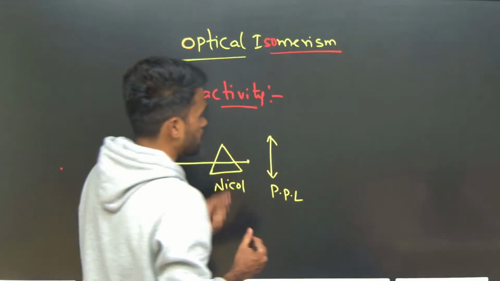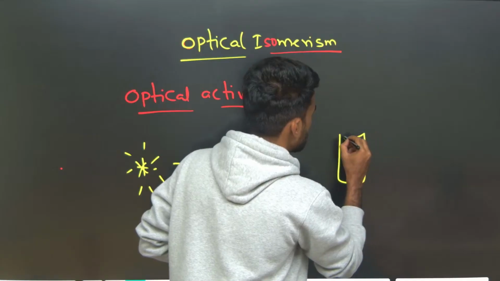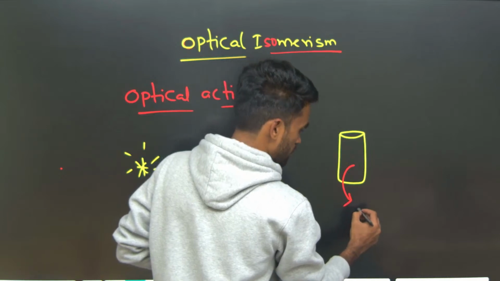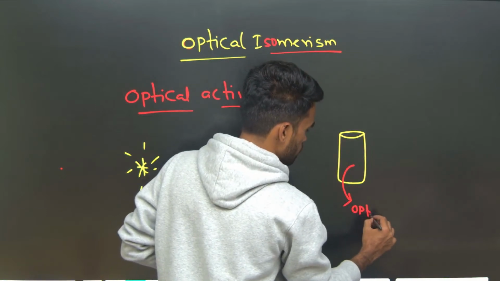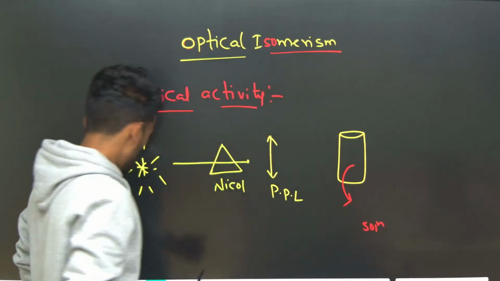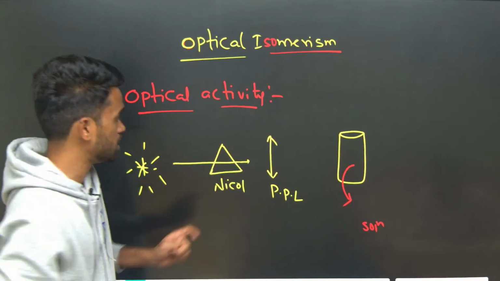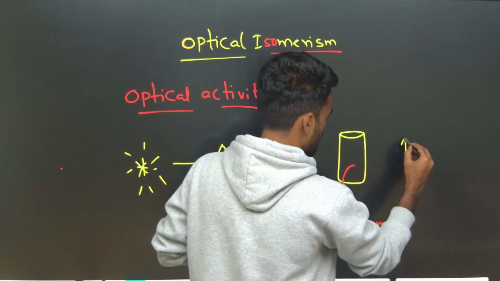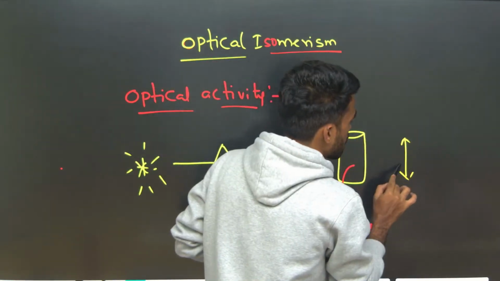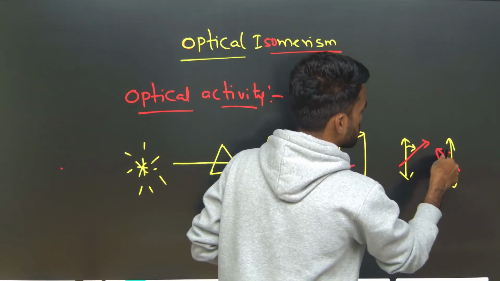Now when I take this plane polarized light and pass it through the solution present in this cuvette tube, if this is an optically active solution, the light ray you are seeing will get deflected, or turned, either clockwise or anti-clockwise.